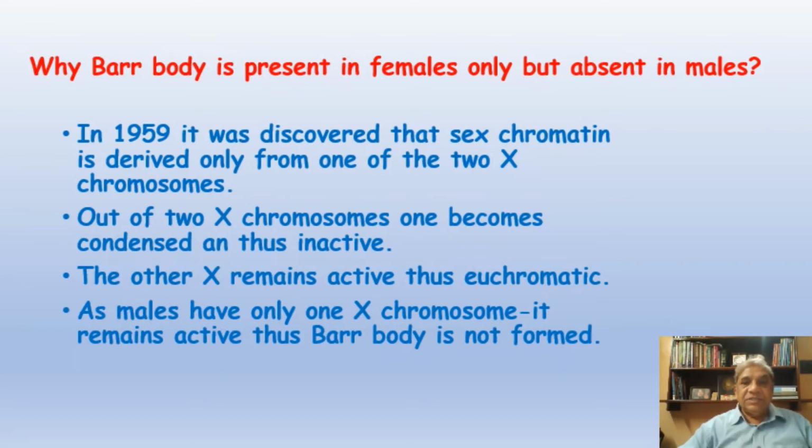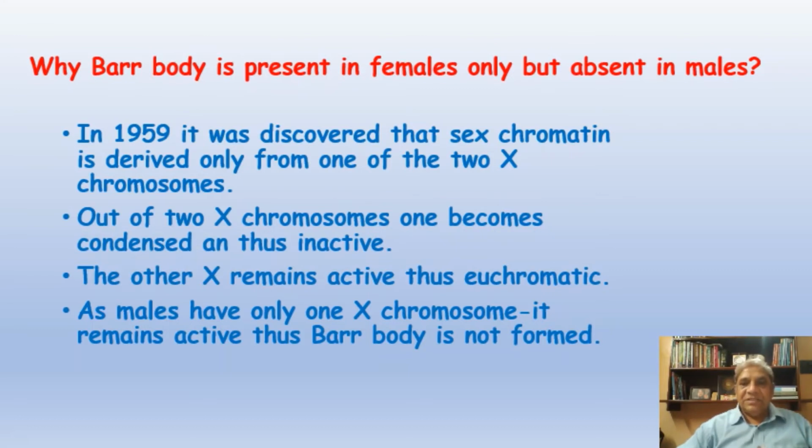This could have been very well observed by Barr himself, which was discovered after 10 years. But luck, I would say, he must not have made these efforts on this side. Now, as males have only one X chromosome, because the other is a very short Y chromosome, the one X chromosome remains active throughout life. I mean to say it always remains active, and thus the Barr body is not formed.